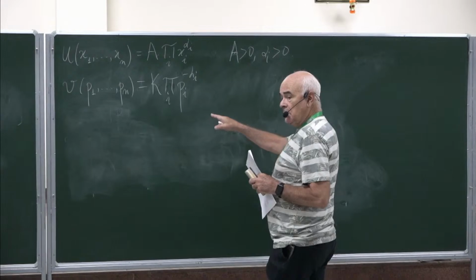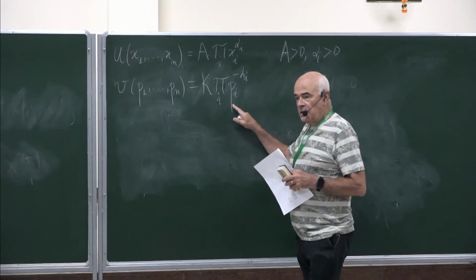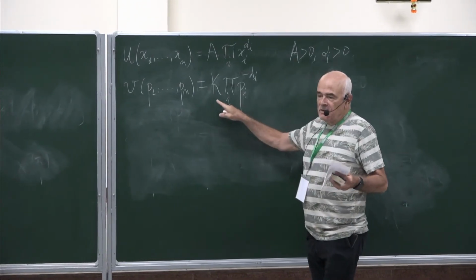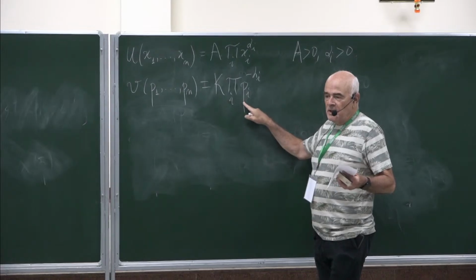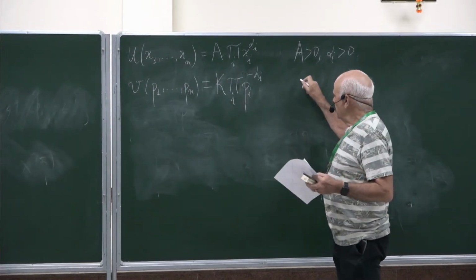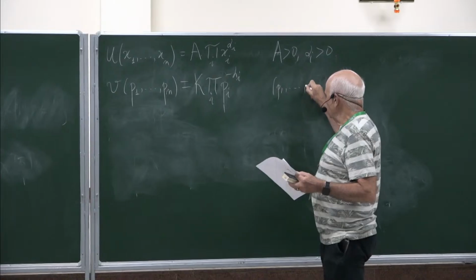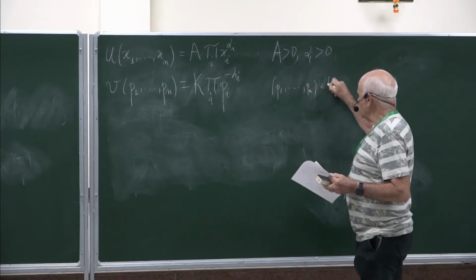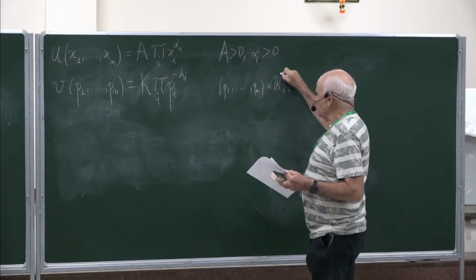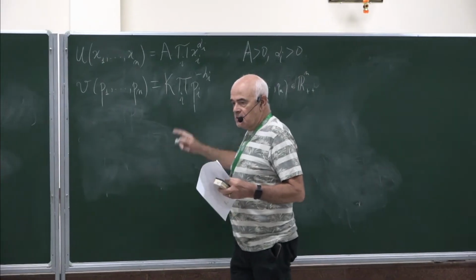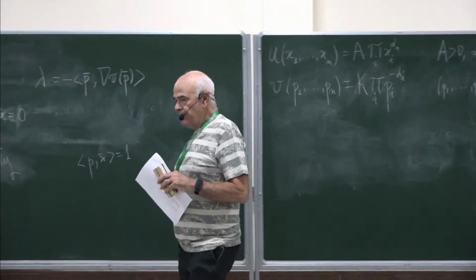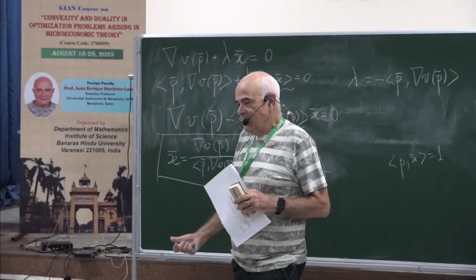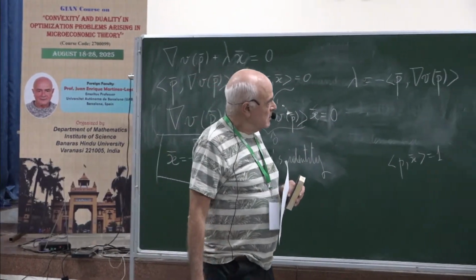But look, this is valid only for p_i different from 0. So this is true if (p_1, ..., p_n) is in R^n_{++}. Otherwise, raising to a negative power is undefined.